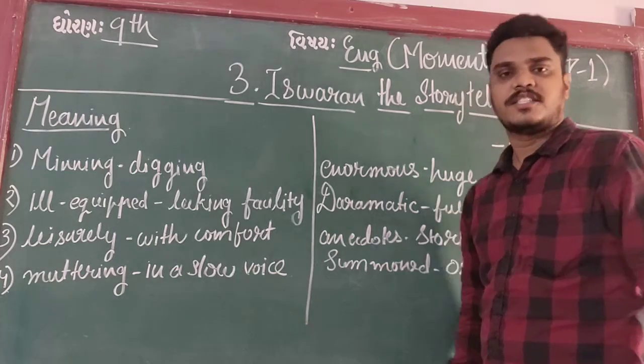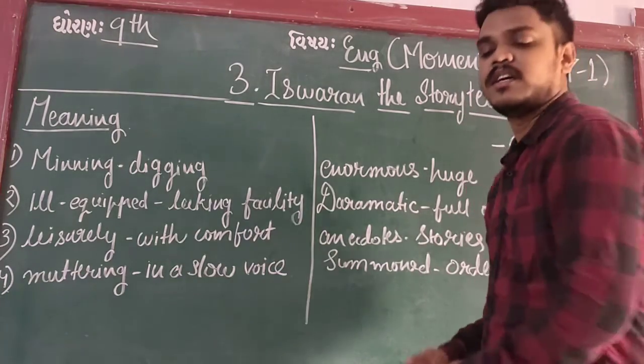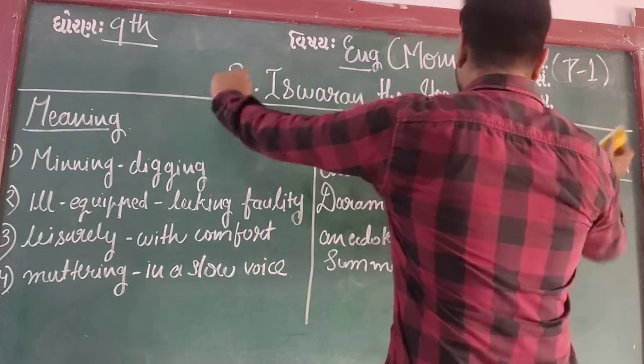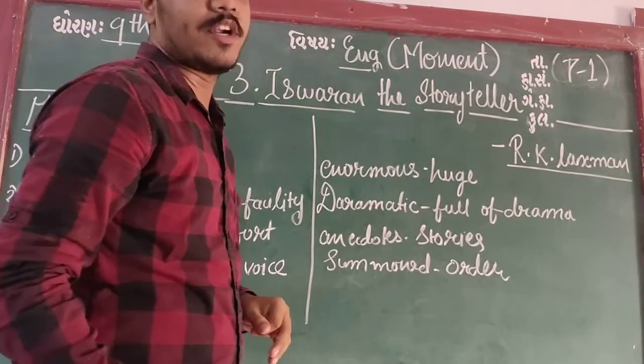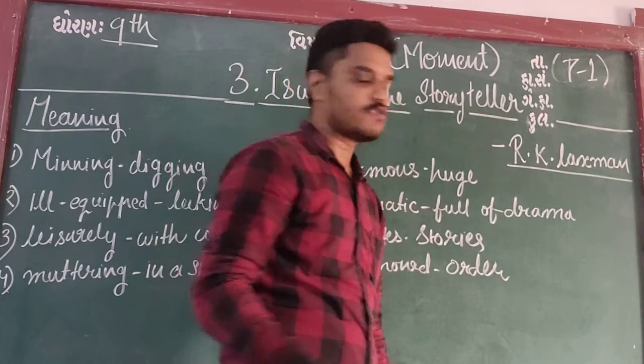Now, let's go to the chapter to understand what's there in the chapter. The chapter title is Ishwaran the Storyteller, written by R.K. Lakshman.